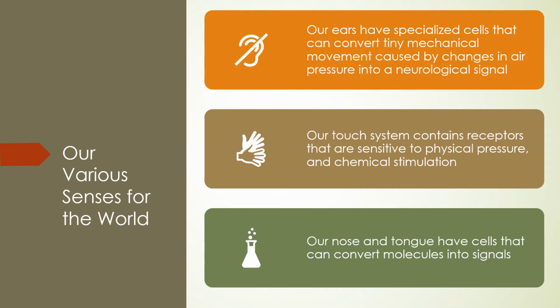But we do know that you have specific cells, structures that are designed to essentially grab onto the molecules passing through your nose or passing along your tongue, and take that information and create some type of neural signal that our brain then can start to try to decode.